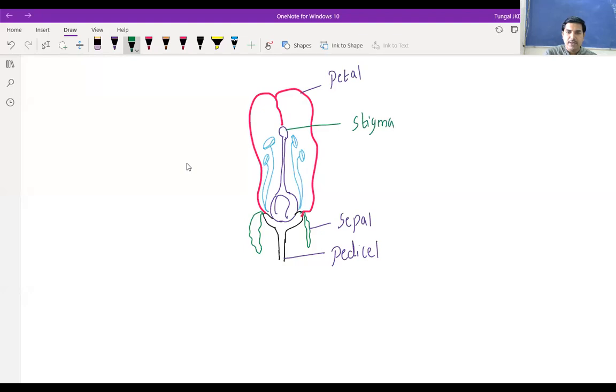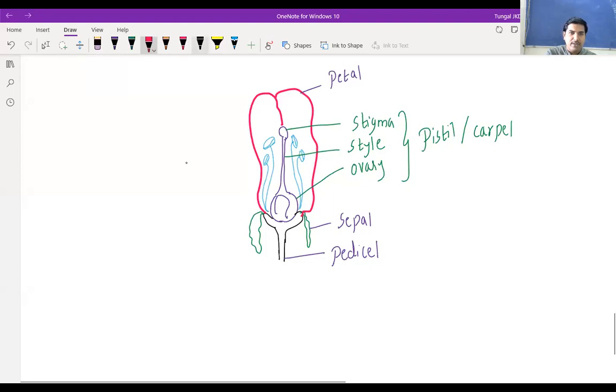The second part, style. The third part is the ovary. All these three together we call a pistil, or carpel.